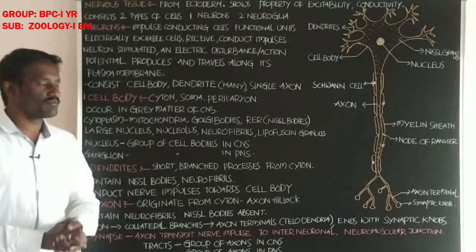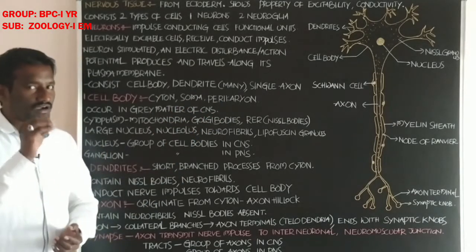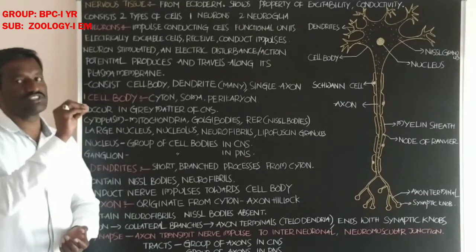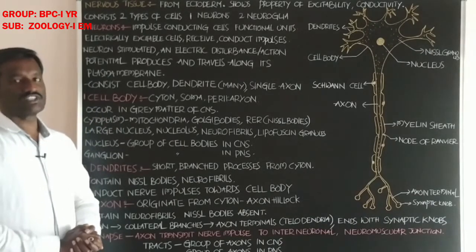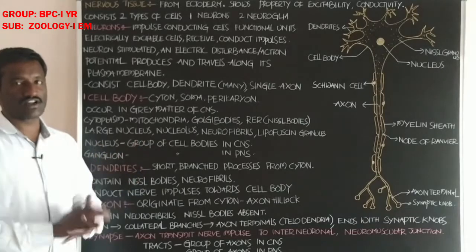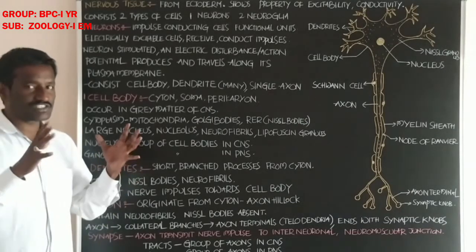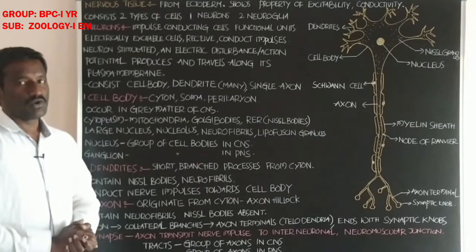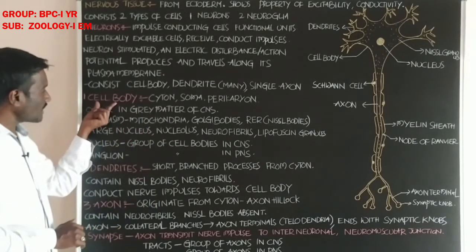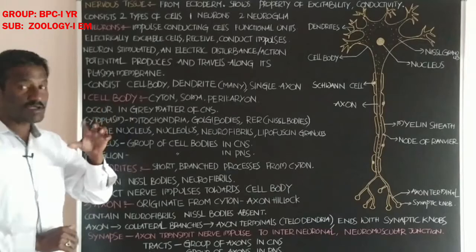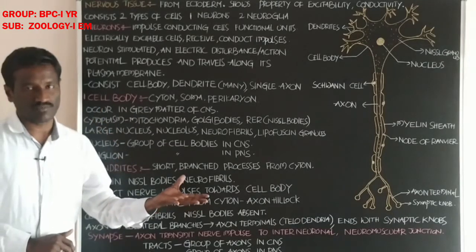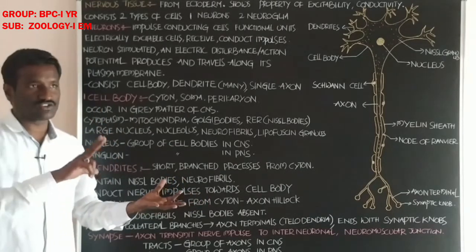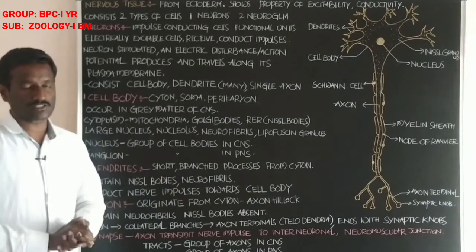Next, students, cell bodies occur in the gray matter of the central nervous system. Which are the parts of the central nervous system? The central nervous system consists of the brain and spinal cord. The spinal cord and the brain show two types of matter, gray matter and white matter.